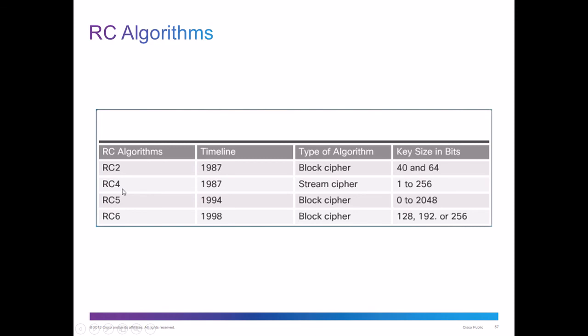RC4 is what WEP is based on, WEP encryption for the wireless. Then they came up with TKIP, the Temporal Key Integrity Protocol, to make sure that the keys are random. It was really a patch for RC4, because RC4 by itself, WEP, was crackable. Again, I'll show you how easy it is to crack without even guessing what the key is.